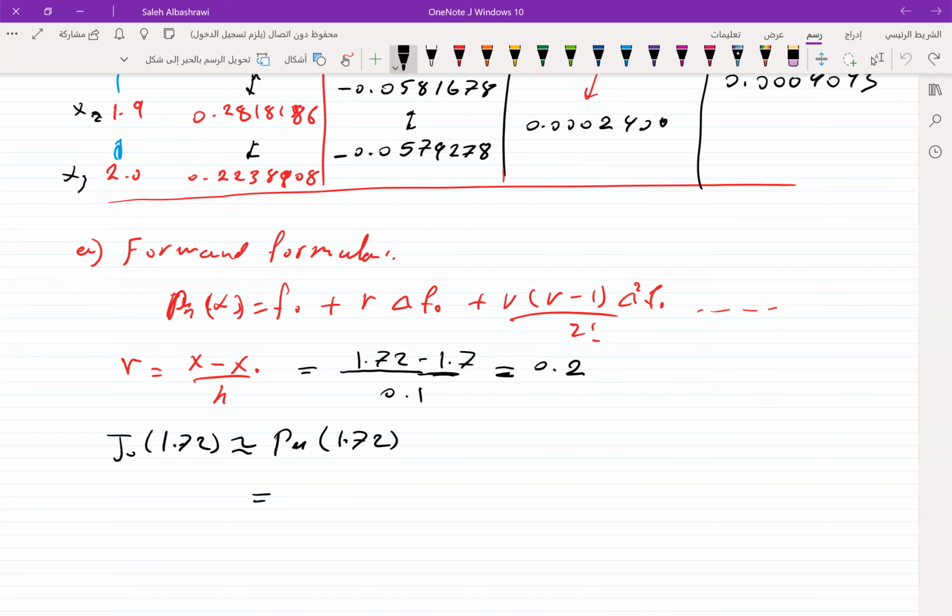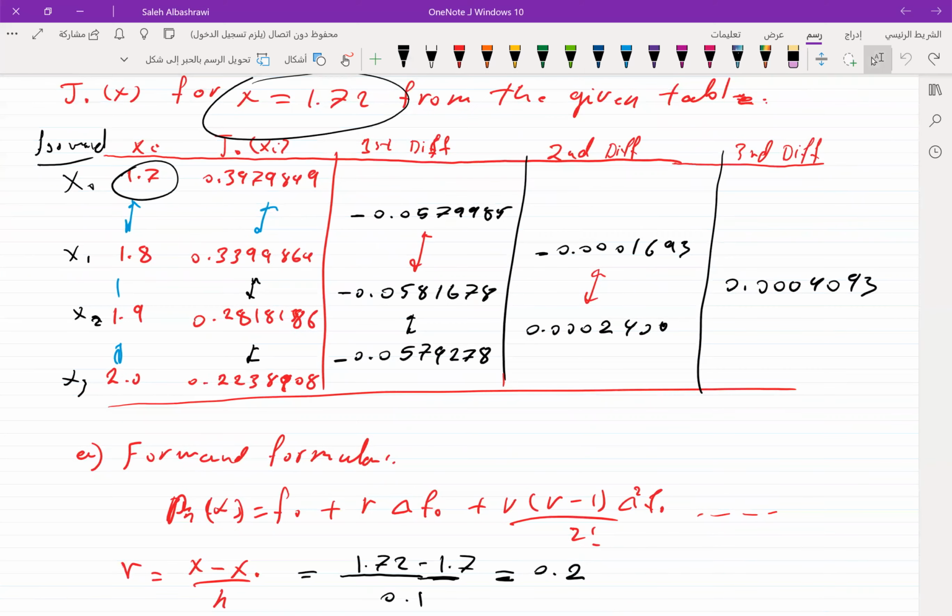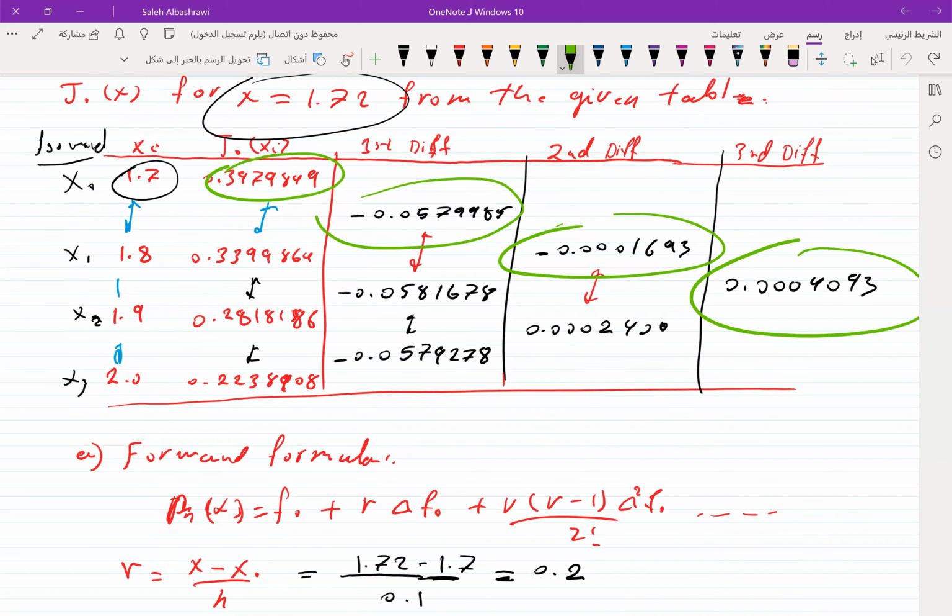Is equal to. Now for the forward, we are going to use the first entry for every column. We are using the first entry in each column of the differences.